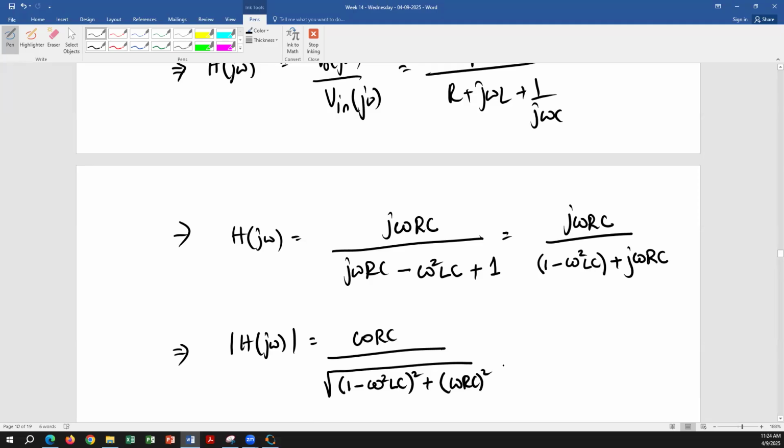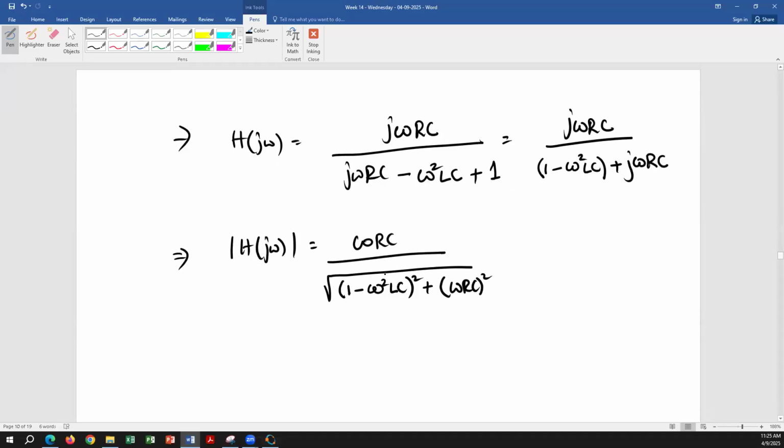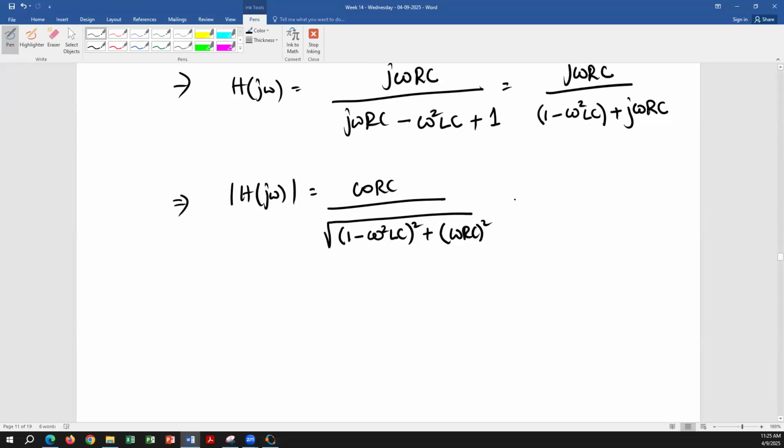So that's going to be the magnitude expression. Omega RC is the magnitude of the numerator, and the square root of a square plus b square is the magnitude of the denominator. So that's the magnitude response.